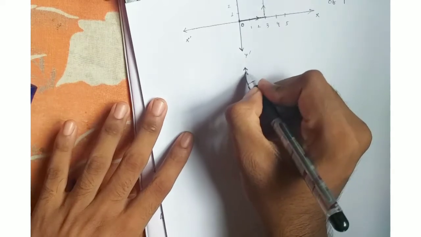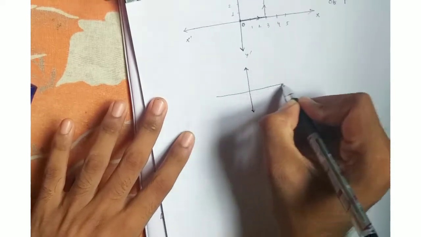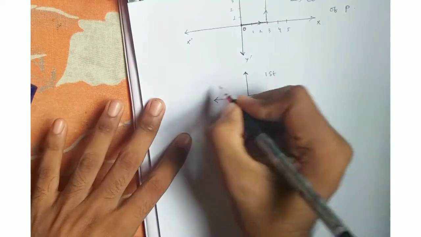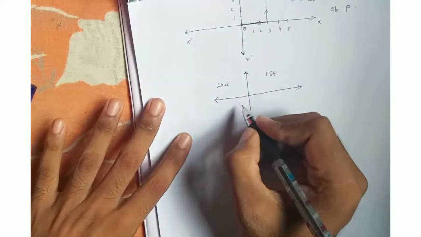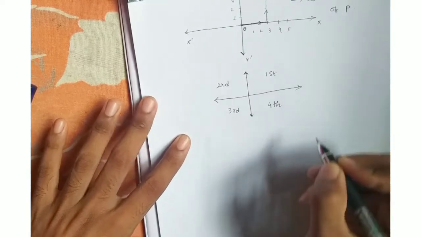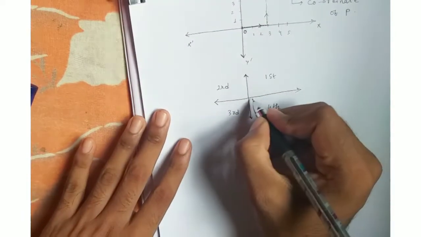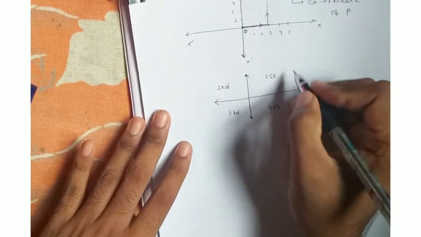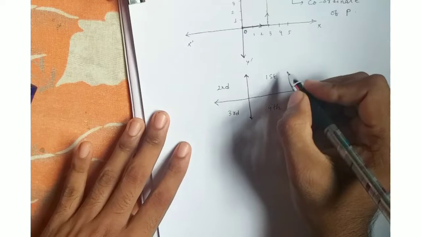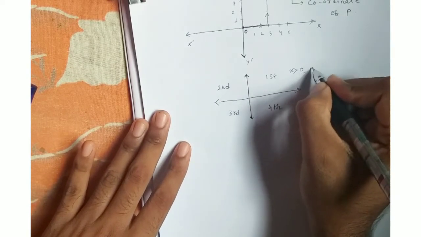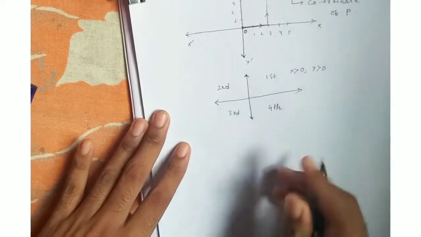In this Cartesian coordinate system we have 4 quadrants. This one is the first quadrant, this one is the second quadrant, this one is the third quadrant, and this one is the fourth quadrant. Any point in the first quadrant has coordinates x greater than 0 and y greater than 0.